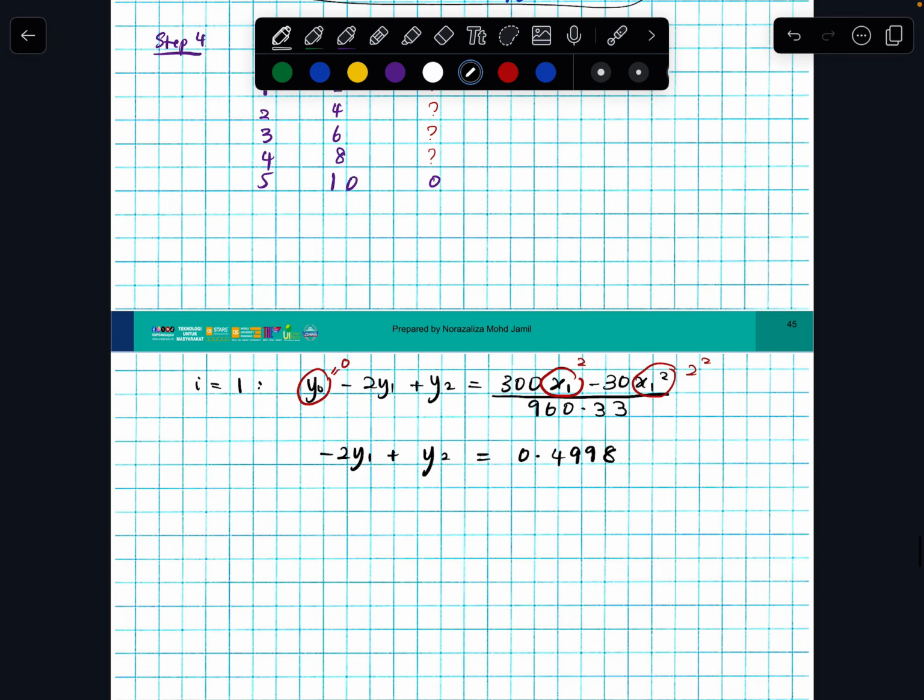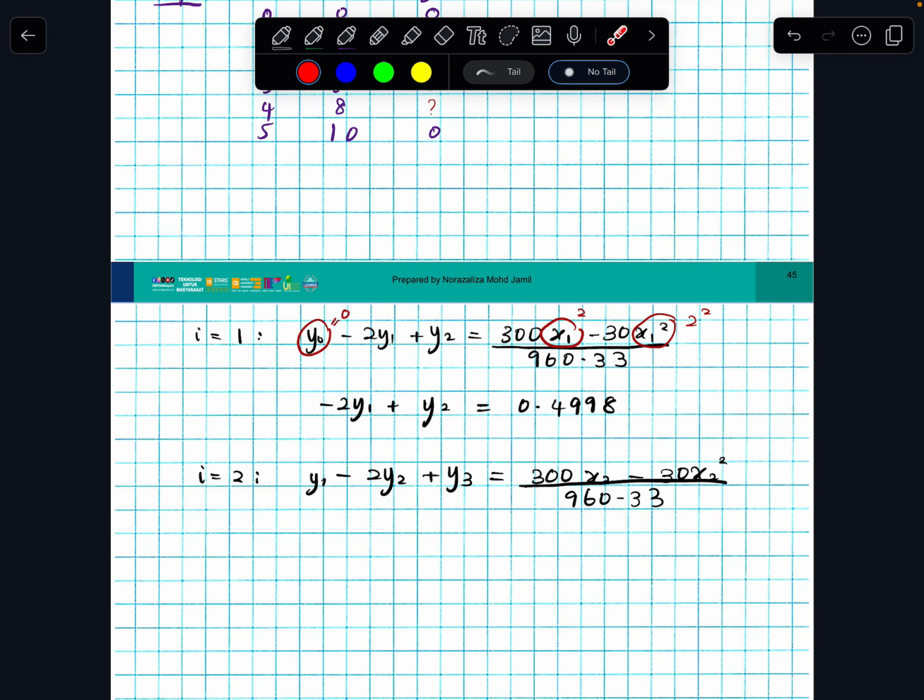So we continue with i equal to 2. Now your R, the right hand side becomes x2 here. So look at each term. We don't know any value except for x2. x2 is 4. x2 squared is 4 squared. Then we simplify this.